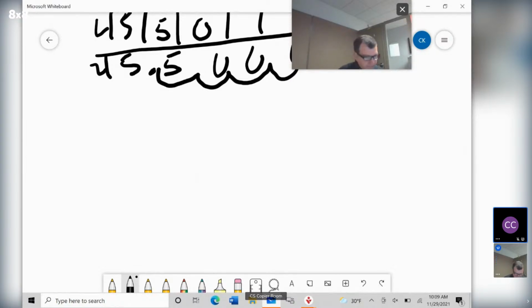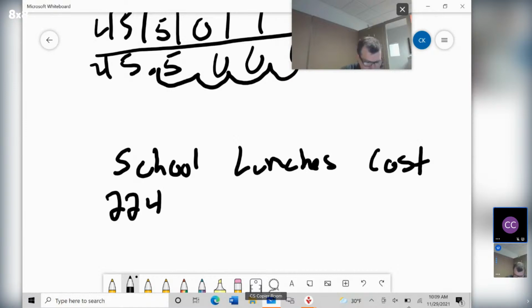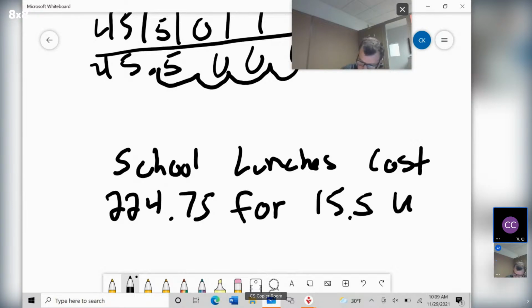So this one says school lunches cost $224.75 for 15.5 weeks.